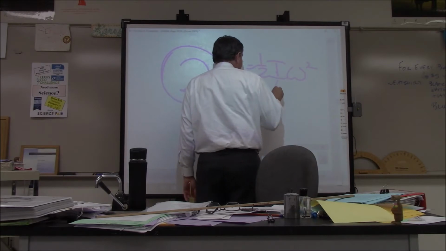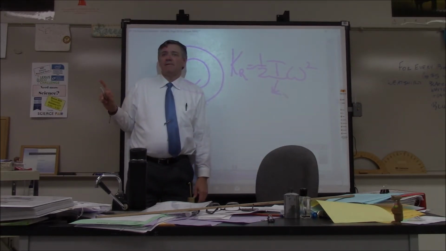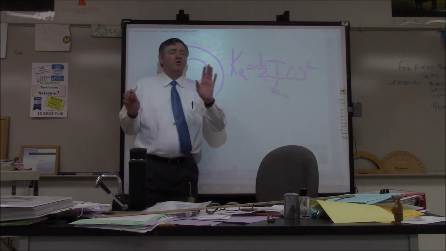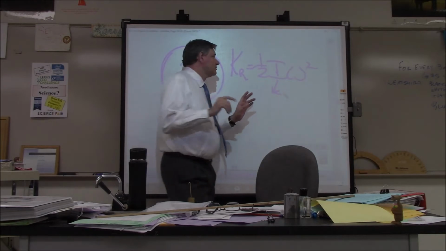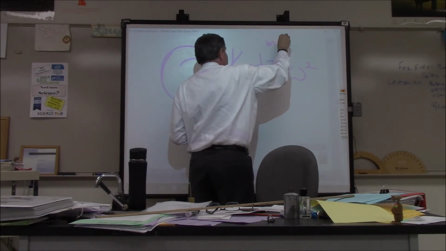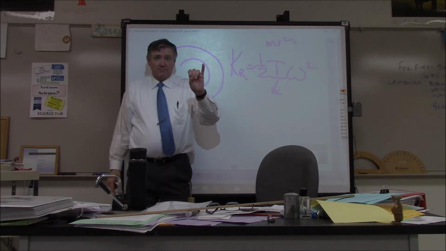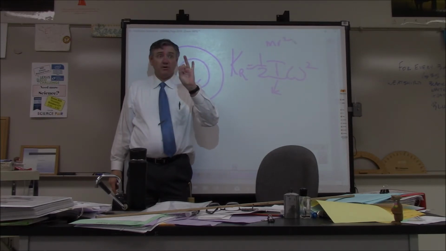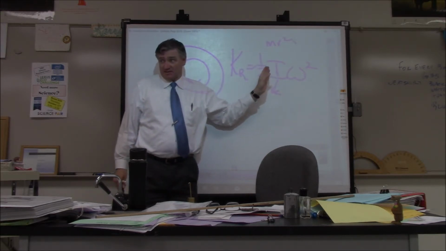Now, what are the units for any moment of inertia? Well, what's the simplest form of any moment of inertia calculation? It's mr squared. But what's the only situation where you can use mr squared? When you have a thin hoop, or a point mass. Otherwise, you can't use this.